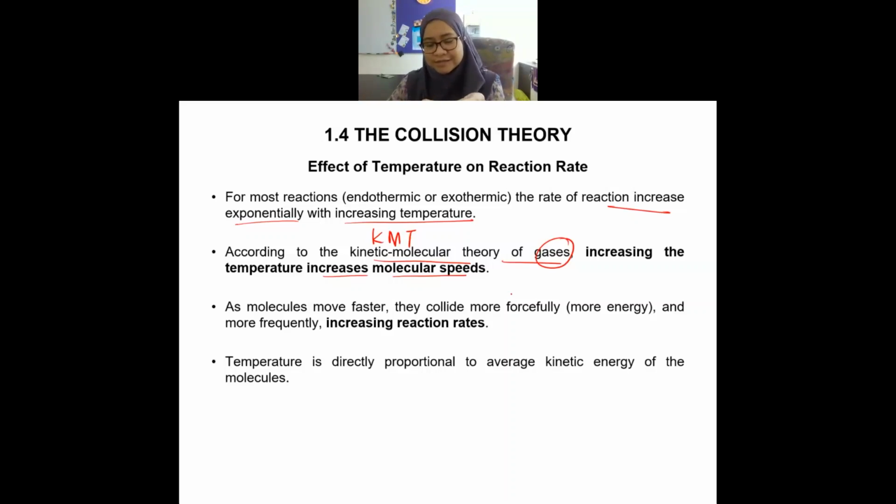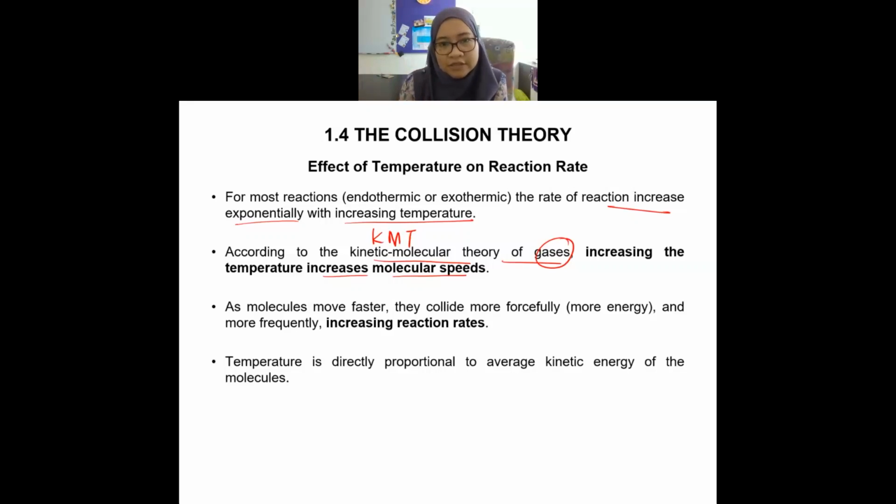So when we increase the temperature, we heat the reaction, so we are actually supplying extra energy to the reaction, to the particles. The particles absorb the energy and now have extra energy. So it causes the speed of the molecules to become faster, because they have extra energy now.